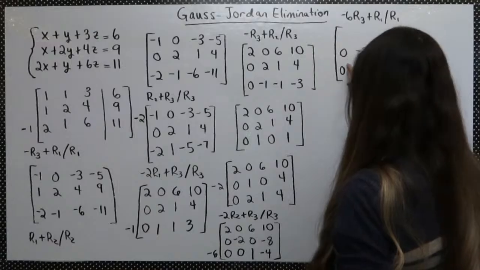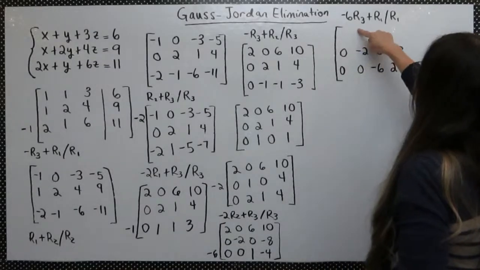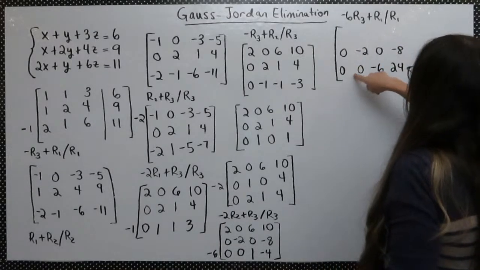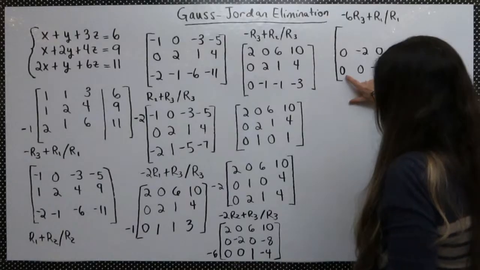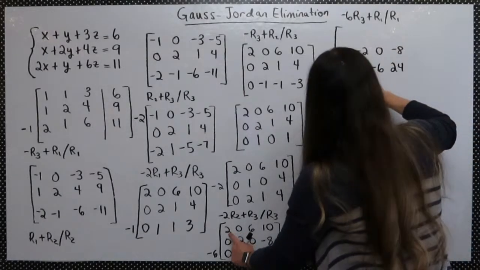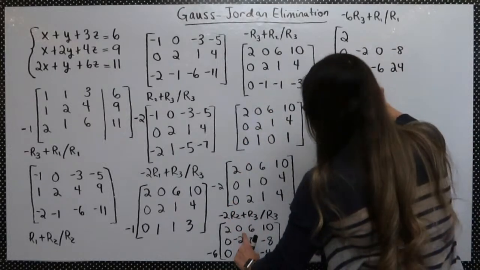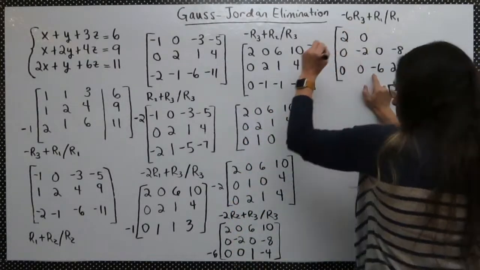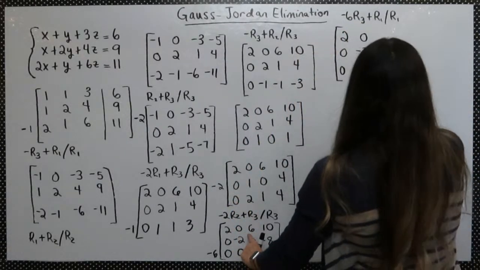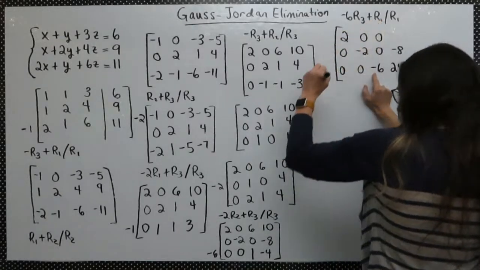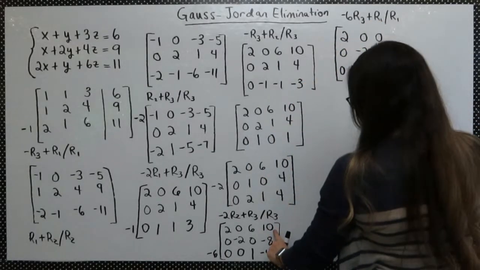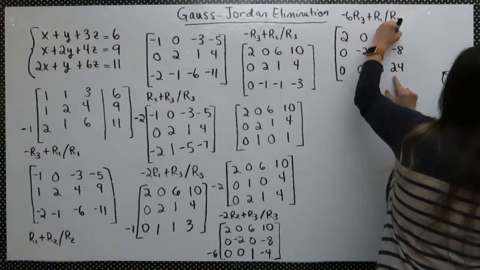Wait a second. It's right here. It's -6 row 3 plus row 1. All right. So this one plus this one is 2. 0 plus 0 is 0. 6 minus 6 is 0. And 24 plus 10 is 34.